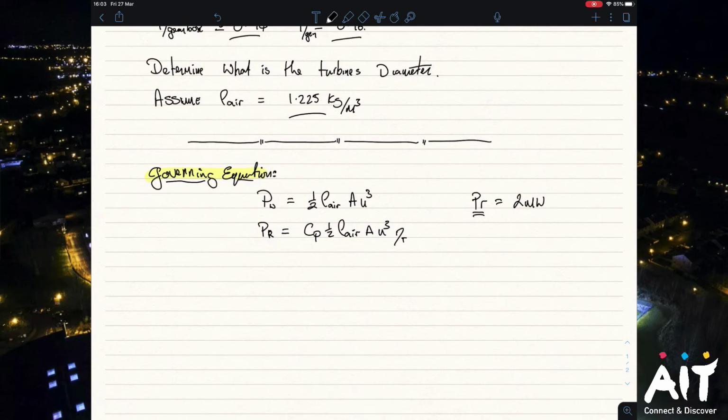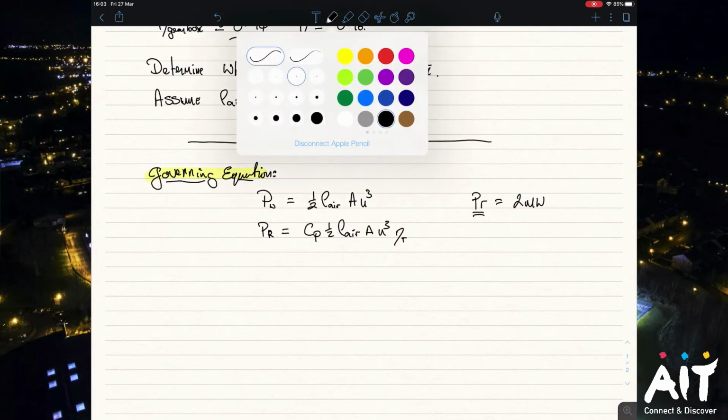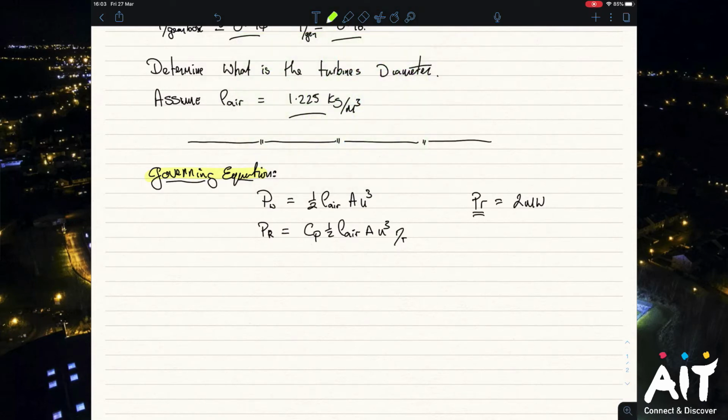We're going to manipulate this formula to start out with. What we want to identify is the diameter, so we're looking for area, and we want to isolate for area. We're going to manipulate this formula to get it in terms of area.